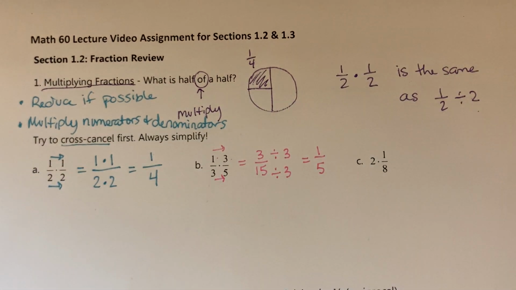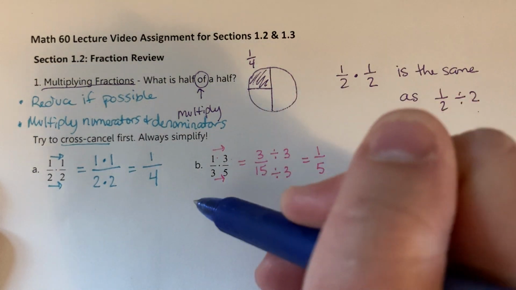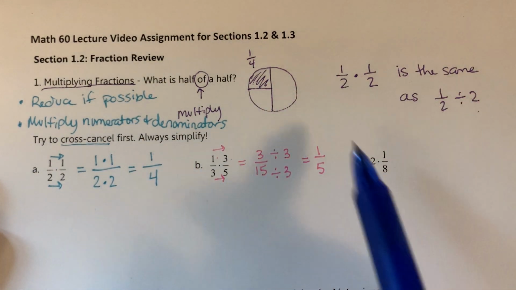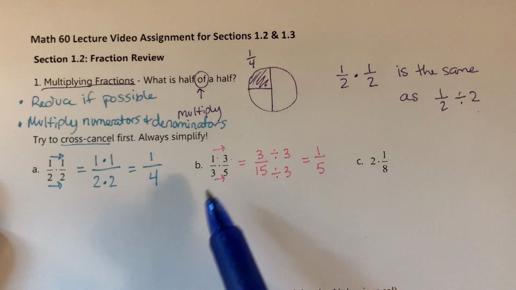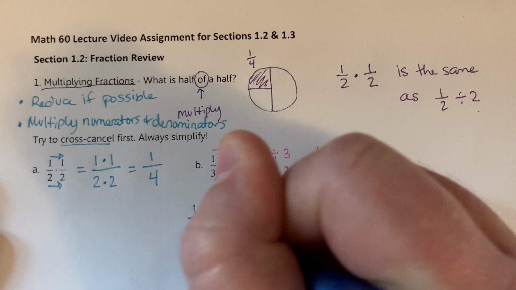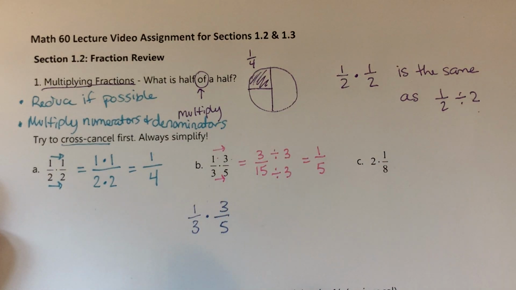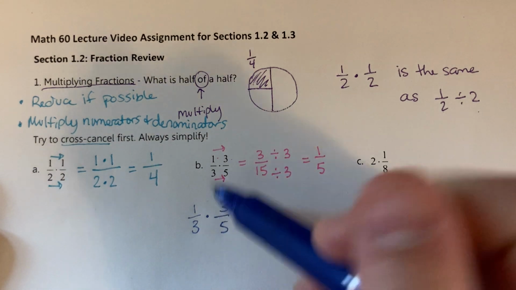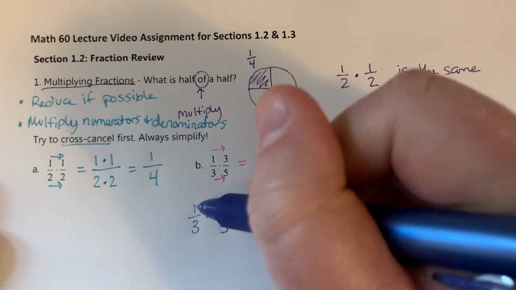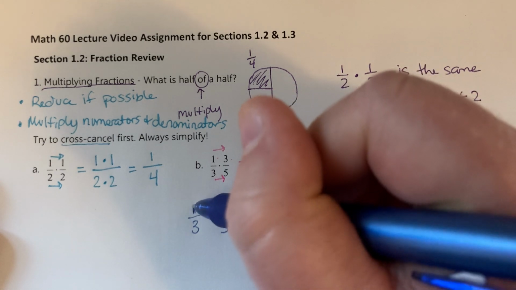So a better way is to reduce before we multiply, especially when we have larger numbers. It's going to make it a lot easier. So let's redo the problem here. 1/3 times 3 over 5. Before I multiply, I'm going to look along the diagonals and see, well, 1 doesn't ever reduce. 1 is the lowest we go.